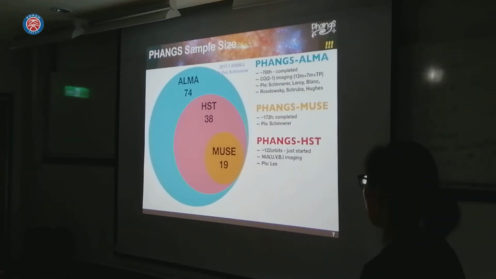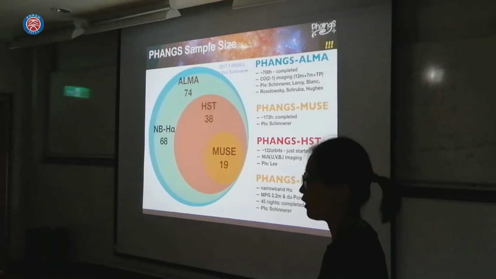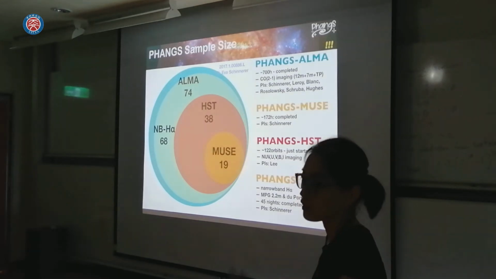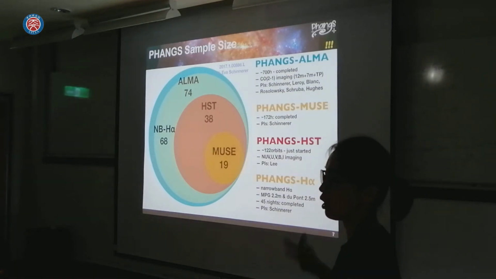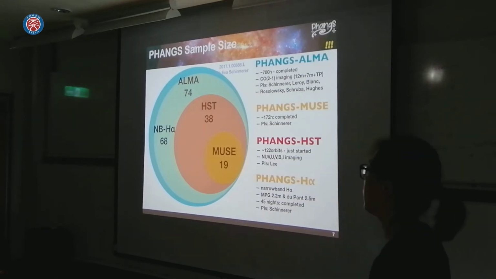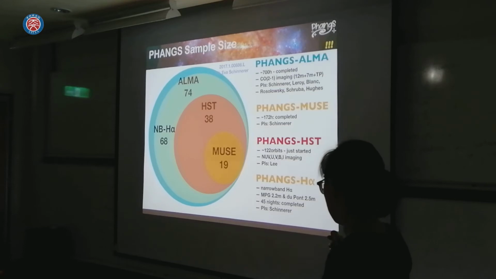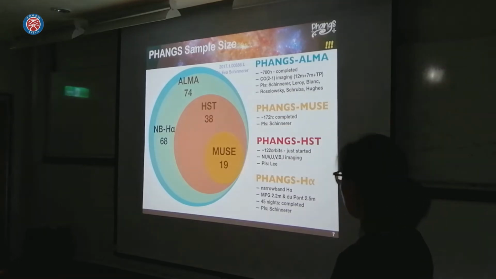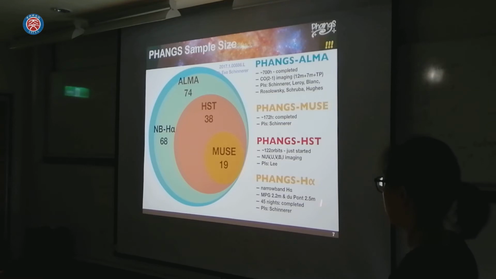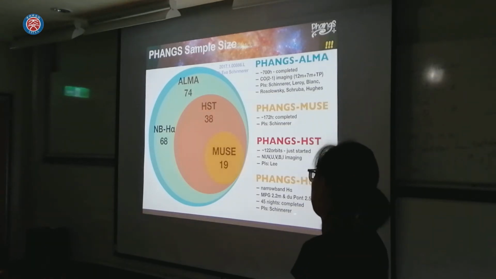And therefore, we have another survey called PHANGS-Halpha, or PHANGS narrowband H-alpha. These are narrowband, not IFU, H-alpha observations for 68 galaxies using the MPG and DuPont telescopes. PHANGS-HST just started last year, and PHANGS-Halpha is also 100% completed, and the data reduction and images are also completed.